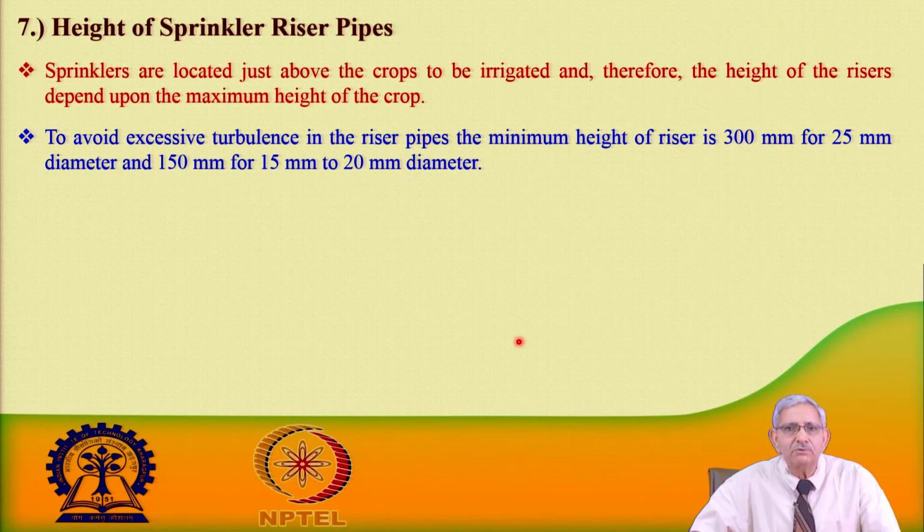Such a riser pipe should be provided with a tripod, so that it remains stable and does not fall when water is being supplied through the riser pipe to the sprinkler nozzle, because it vibrates. So, it should be properly erected by putting the tripod.